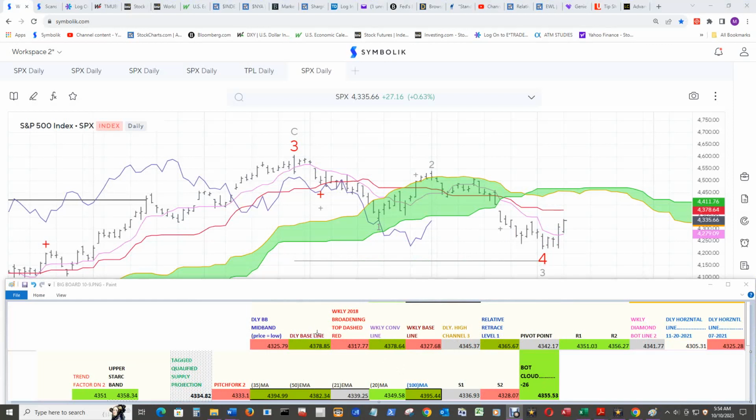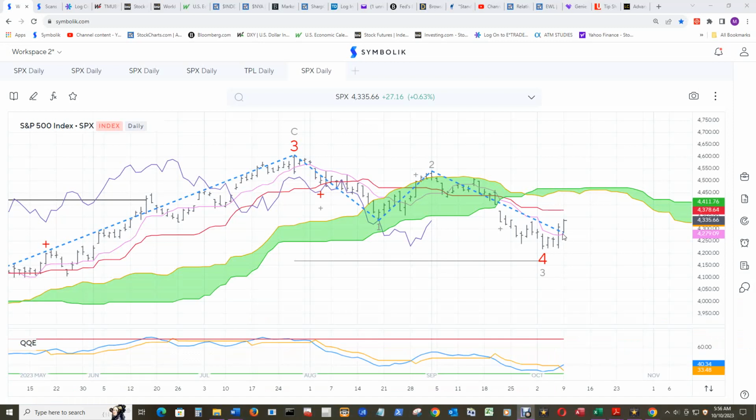The daily baseline and current price is up there, along with the weekly conversion line, the relative retracement level, 100 simple moving average 43.95, 50 EMA near there, and the 35 simple moving average that is near there also.